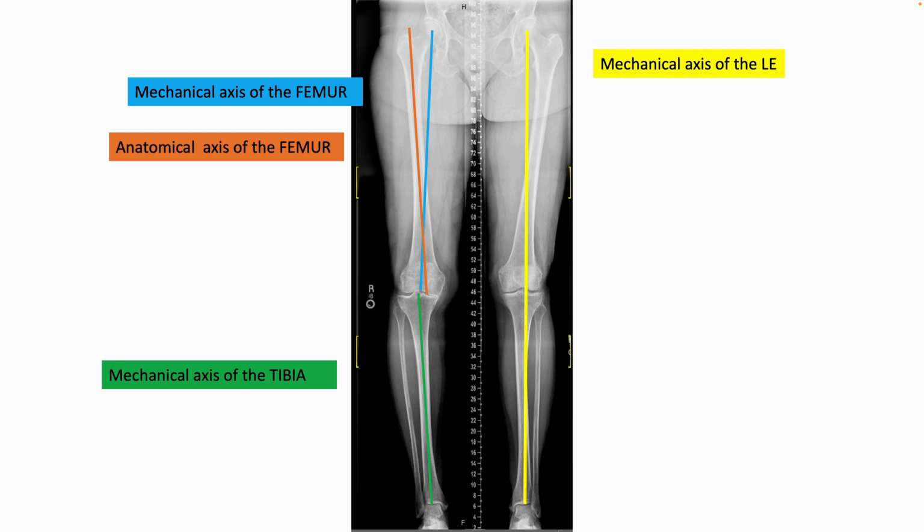The anatomical axis of the femur is a line that bisects the canal of the femur. Note that it exits into the medial femoral condyle and not into the center of the notch. The anatomical axis of the tibia happily coincides with the mechanical axis of the tibia.